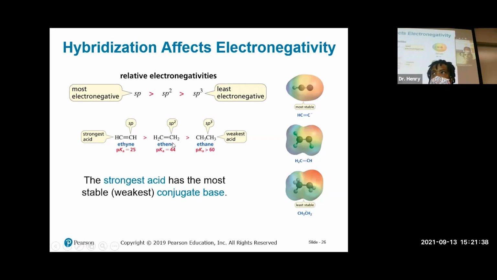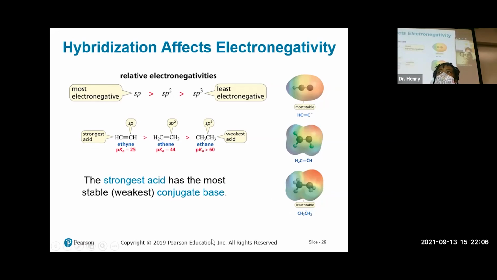The double bond is going to be a stronger acid than the single bond. Okay, so if we looked at in terms of acidity, this guy is going to be the weakest. This guy is going to be in the middle. And that one's going to be the least. Okay, make sense?